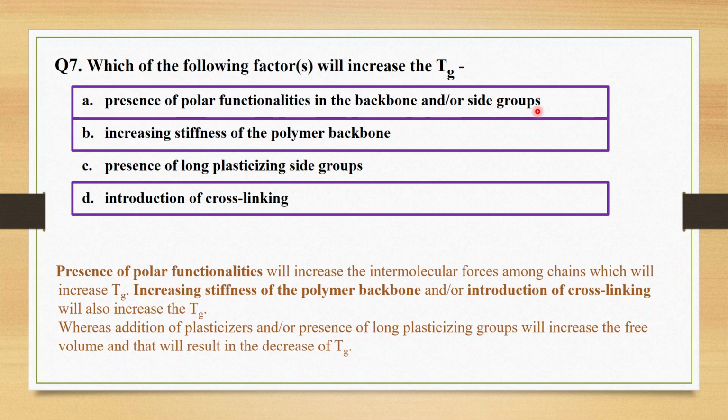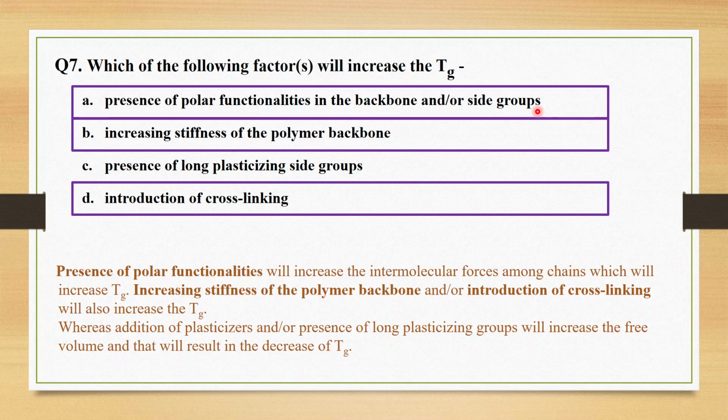You will have to increase the temperature to a higher extent to get rid of that, to make it a flowy rubbery state. It is obvious, because the glassy state is your stiff state. So the more the stiffness, the more temperature you will require to make it rubbery or flowy, right? So option B was correct.